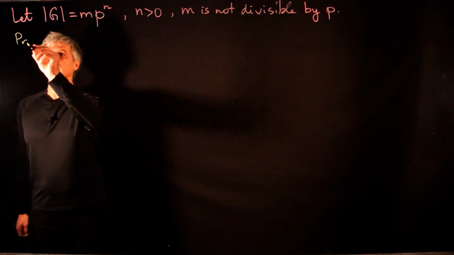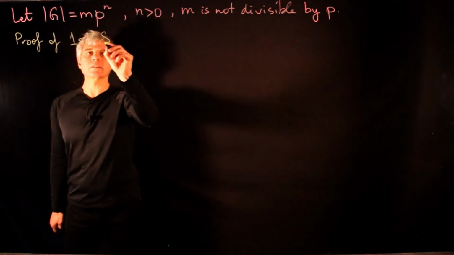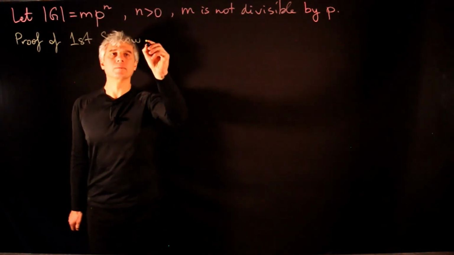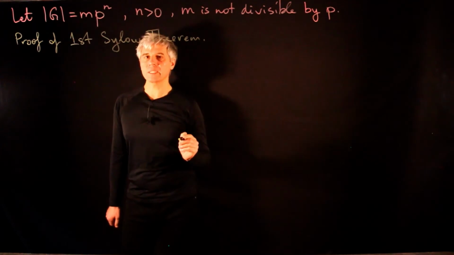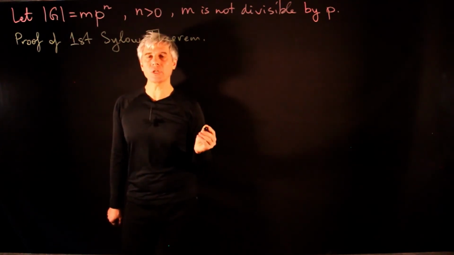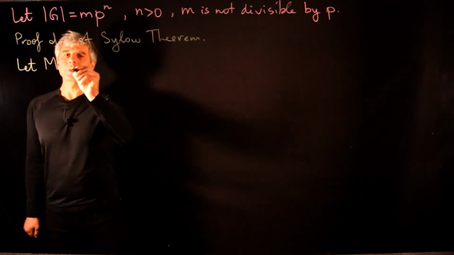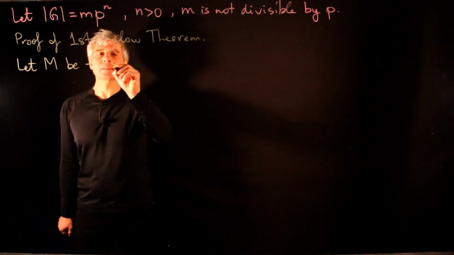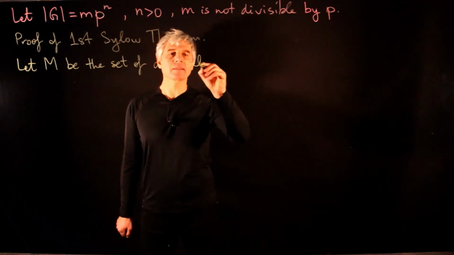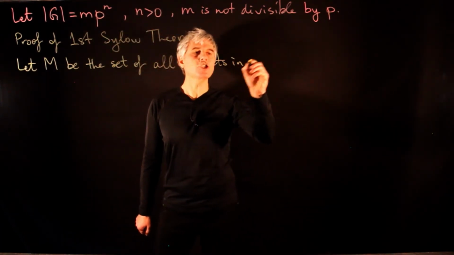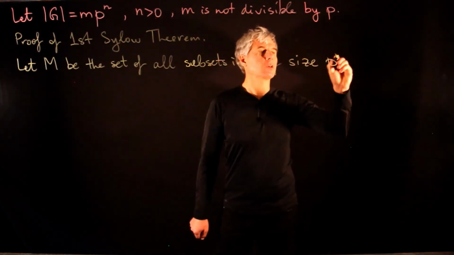Let's give the proof of the first Sylow's theorem. We consider the group action of G on the following set. Let M be the set of all subsets in G of size p to the power n.